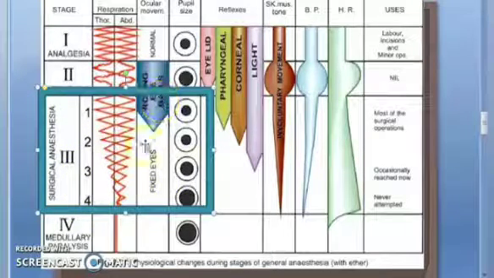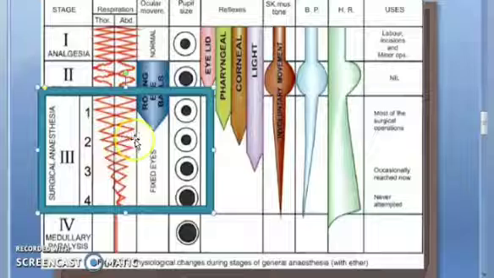If you look at the eyes, the roving of eyeballs is there in plane 1. After that there are only fixed eyes: 2, 3, 4 are fixed eyes. So there are 4 planes, guys. You should know this.